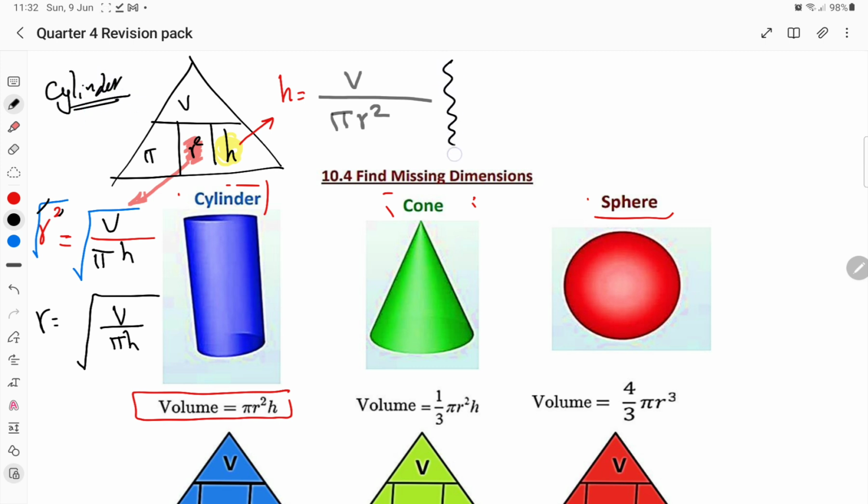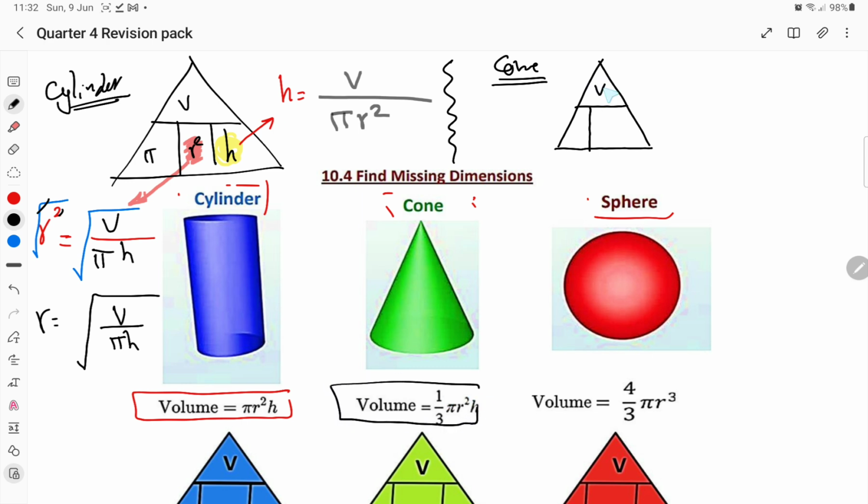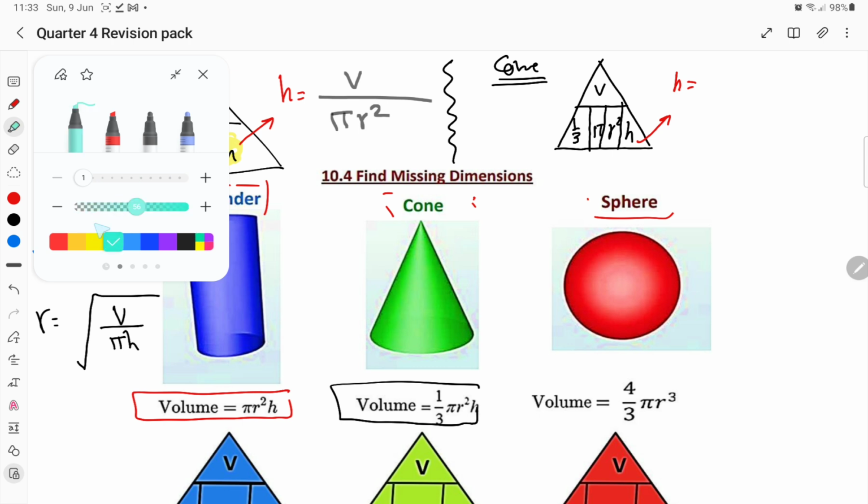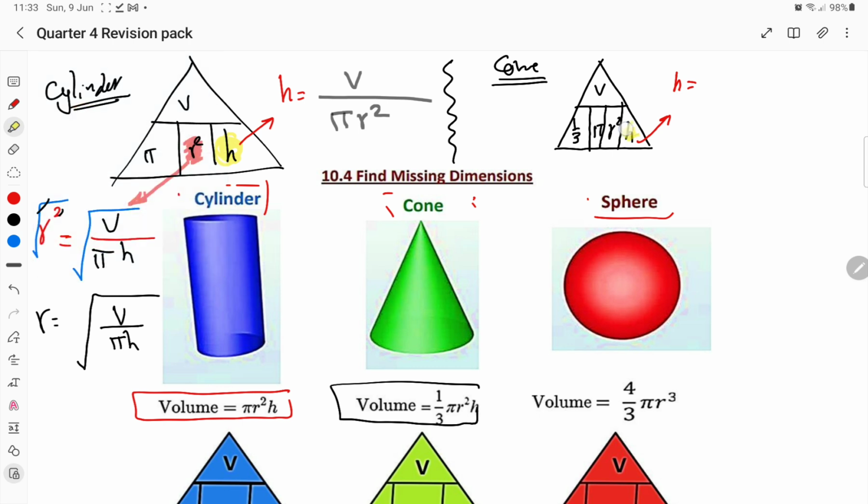What about the cone? For the cone, we can also draw the magic triangle. What is the rule? The volume is 1 over 3 pi r squared h. So if I want to find the height, I highlight it first.